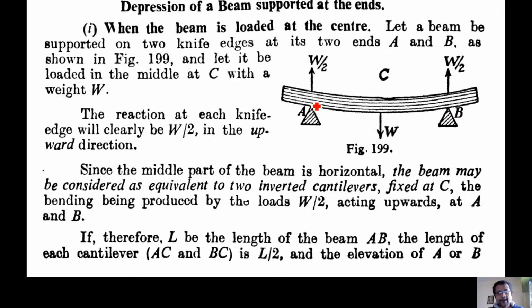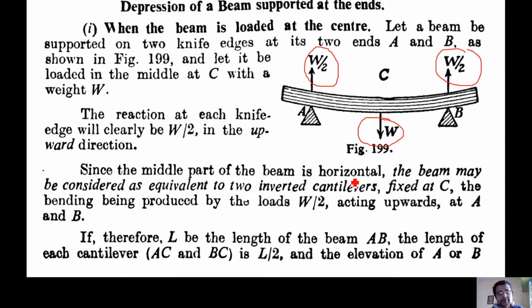So this bending of the beam has an upward force at A which is W by 2 in the upward direction, and also at B it is W by 2 again. So the total weight is equally distributed between the two ends, or the two portions of this inverted cantilever.